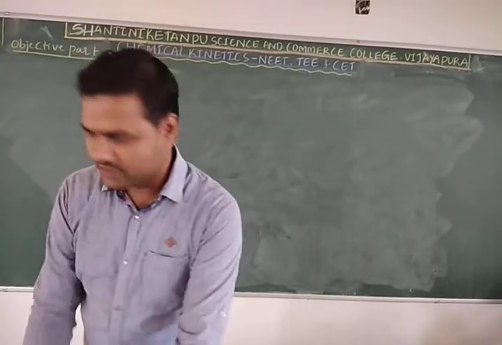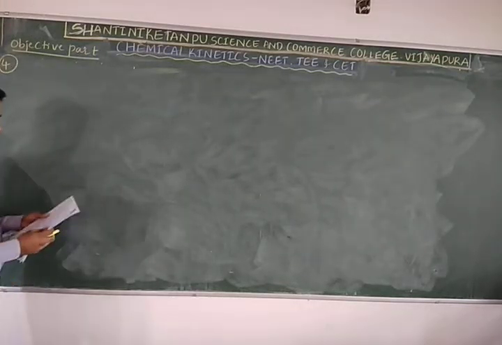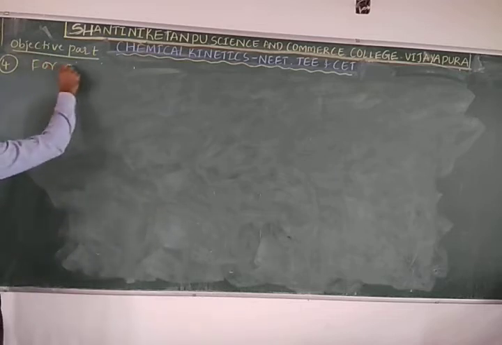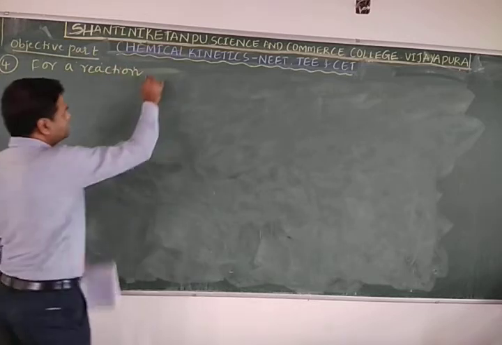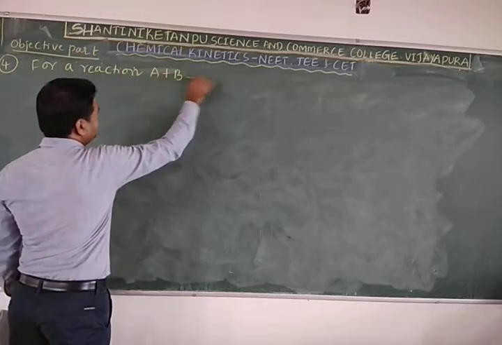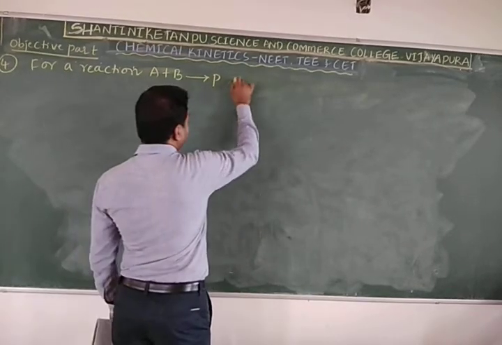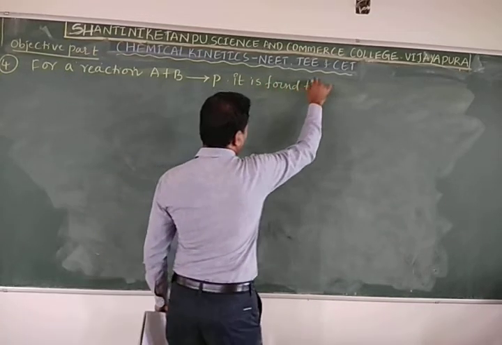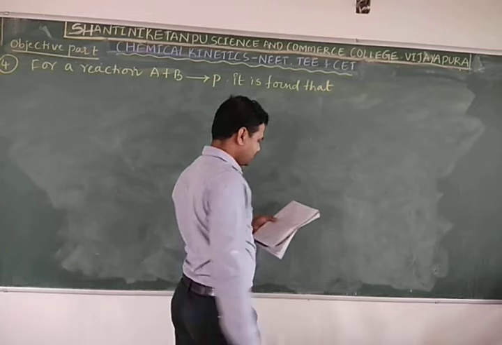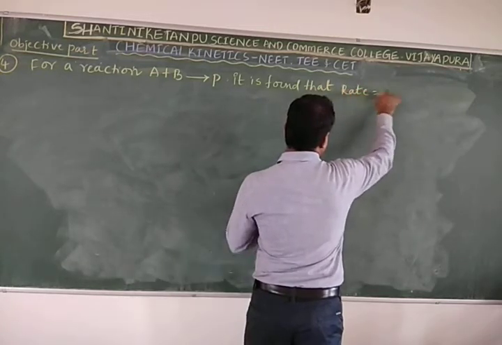And one more question is given, that is question number 4. The question is given as: for a reaction A plus B gives rise to P, it is found that rate is equal to, what is given?